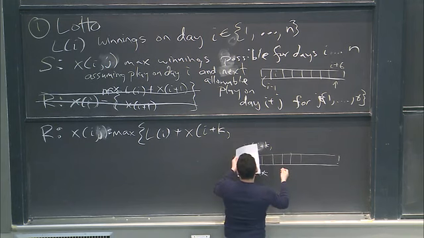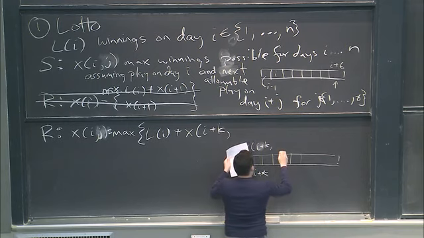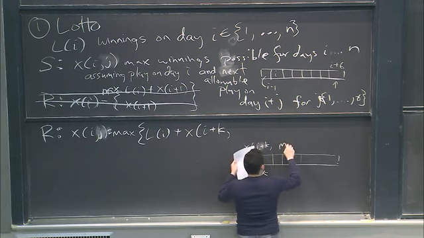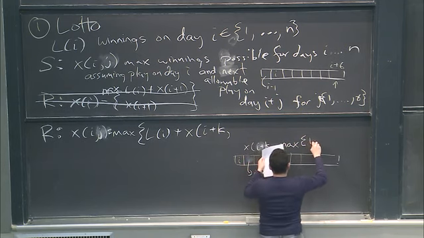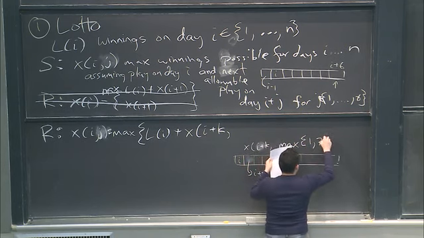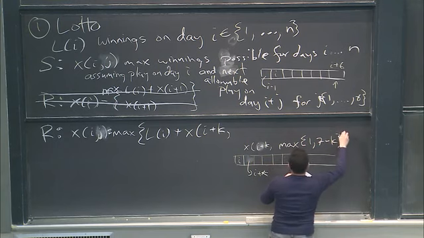So let's see if I can unpack what I wrote down here. Max of 1, 7 minus k.